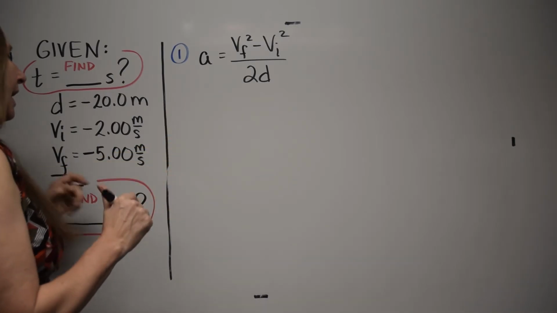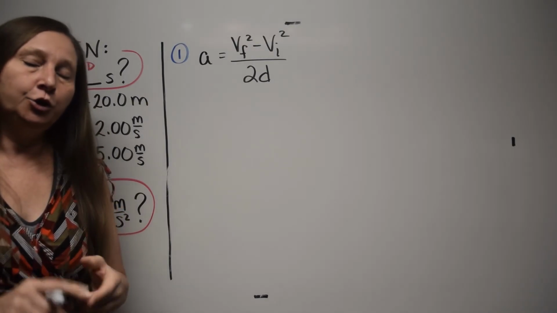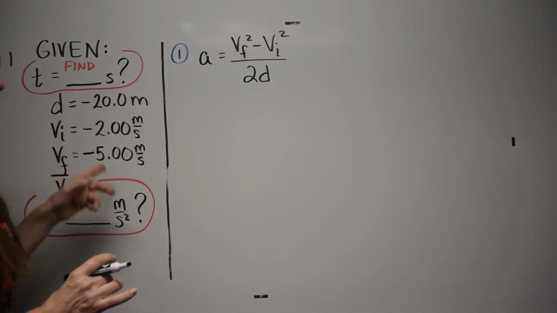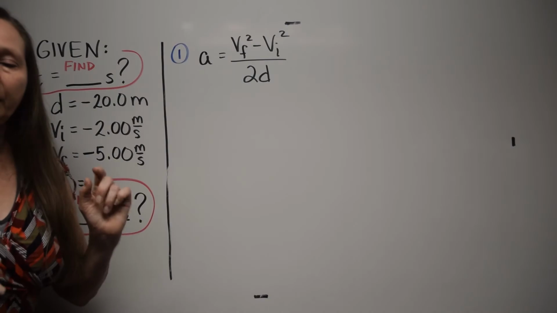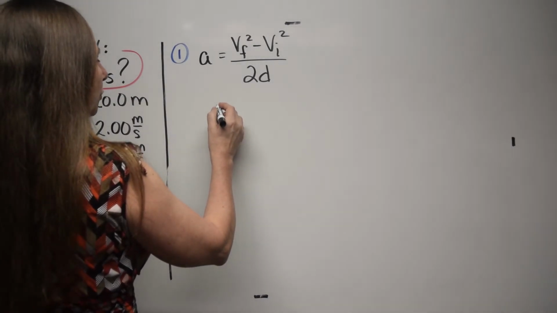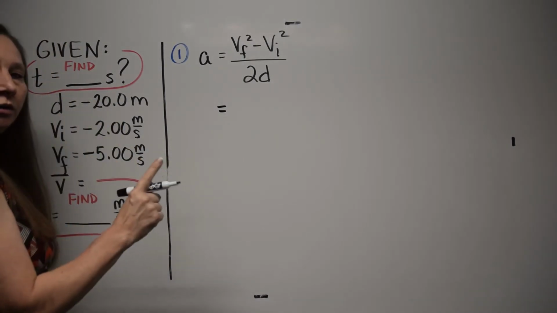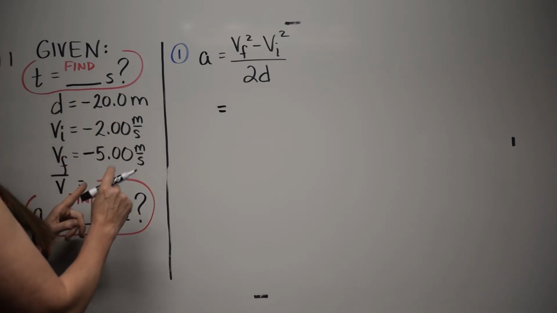As long as you're only going in one direction and you are not slowing down, this horse was speeding up, you don't have to put negatives into the equation. So, we do not have to put negatives into the equation because there's one direction and we are not slowing down. So, here we go.